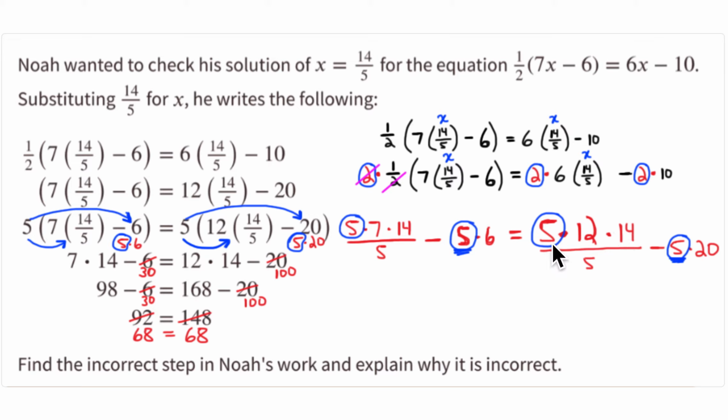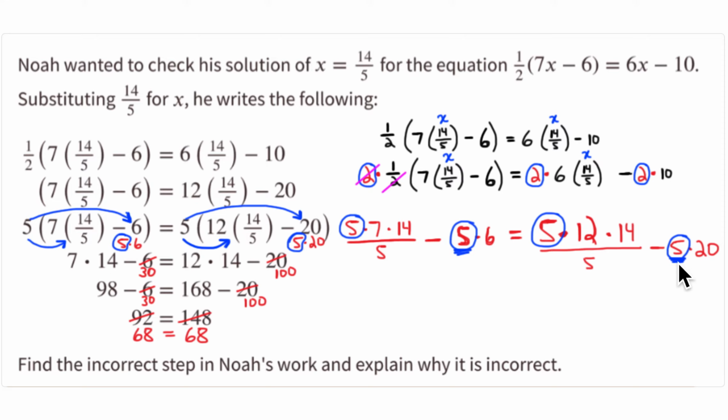You can separate out this as 5 times 1/5 times 12 times 14, and the 5 times 1/5 is equal to 1. And the same thing right here, 5 times 1/5 times 7 times 14, so 5 times 1/5 is 1.